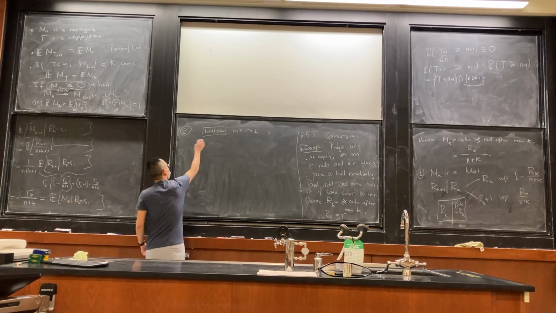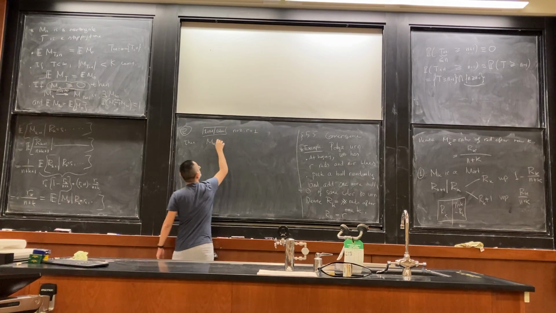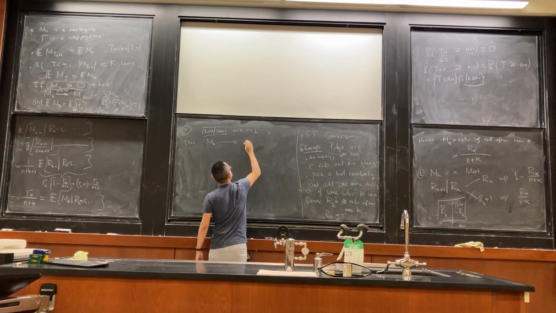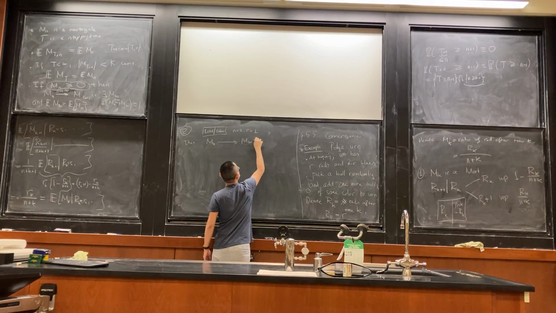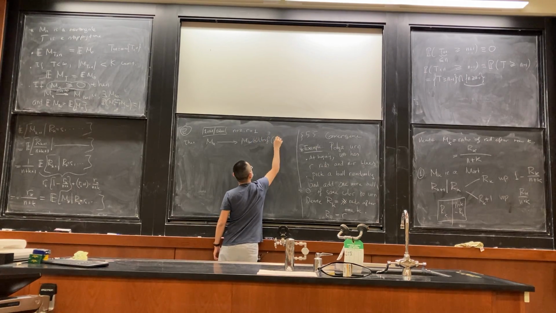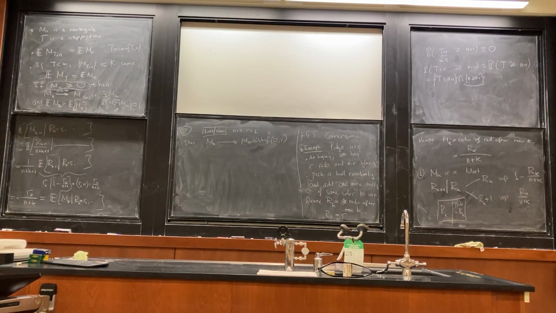The claim is then that M_k goes to M_infinity, which is distributed as a uniform distribution in 0, 1.